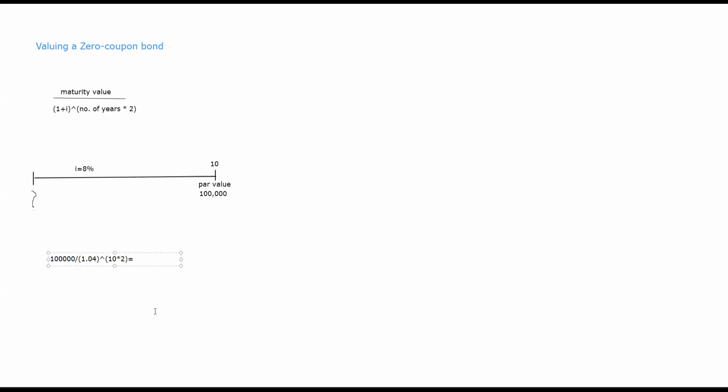If you solve this, you will get the price of your bond, which will be 45,638.70.